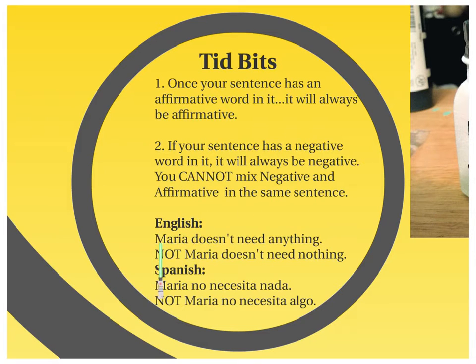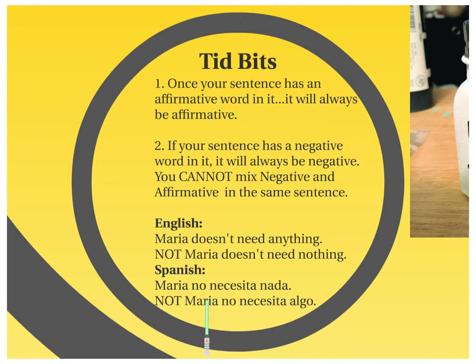In English, Maria doesn't need anything, not Maria doesn't need nothing. But in Spanish, Maria, here's my no, so I'm going to know that this is going to be a negative sentence. Maria no necesita nada. She doesn't need nothing.